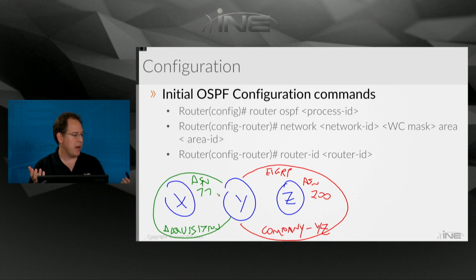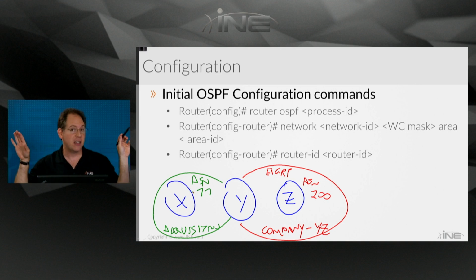So for the time being, router Y actually has to have 2 instances of EIGRP. You have to type router EIGRP 200, and so that's how he can exchange routes with his own internal company. And then also in router Y, you'd have router EIGRP 77. Totally different process that he can run with router X.